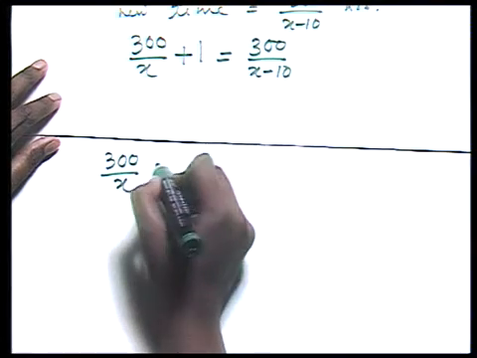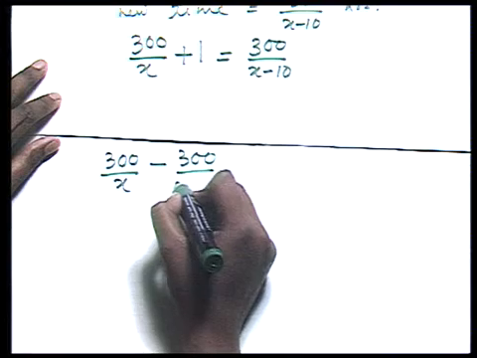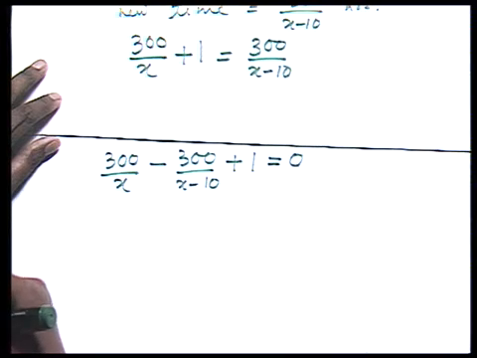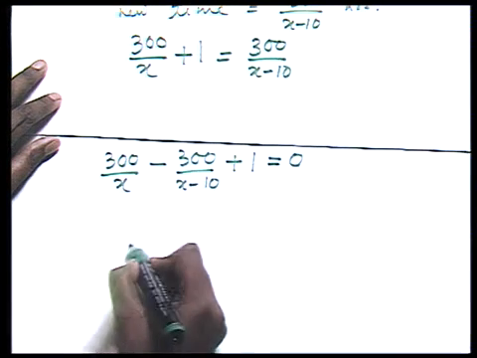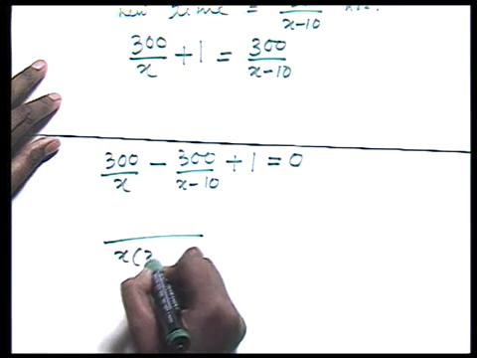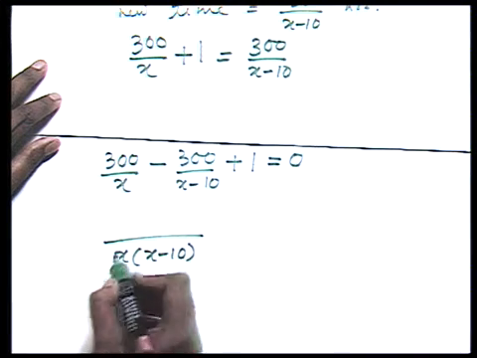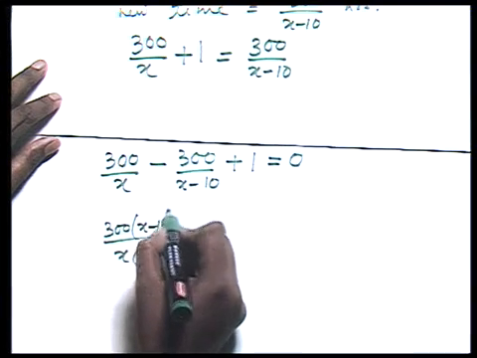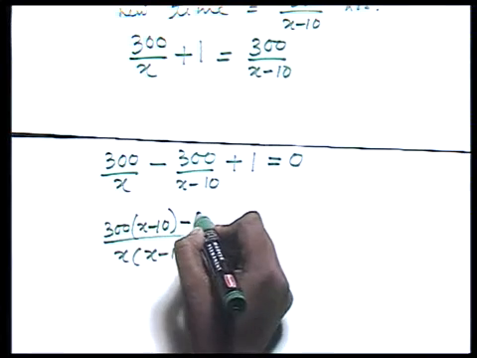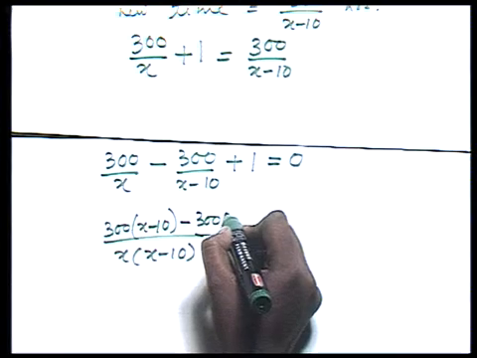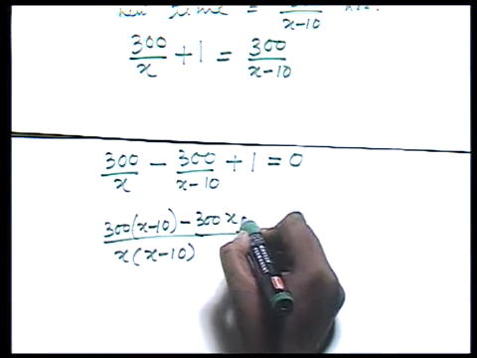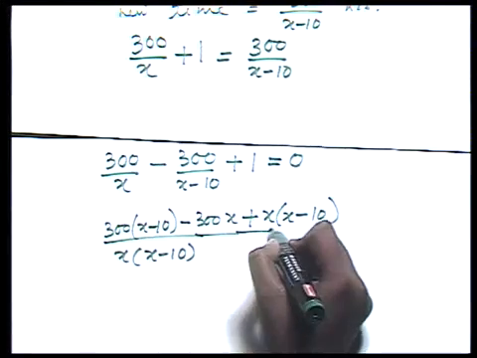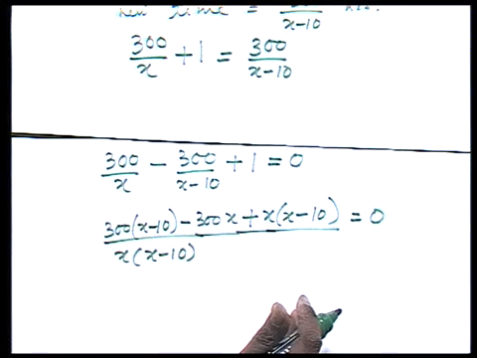And how do we solve this equation? 300 upon x minus 300 upon x minus 10 plus 1 equal to 0. Taking LCM, we get x into x minus 10 here, and we have 300 into x minus 10 minus 300 into x plus x into x minus 10 equal to 0.